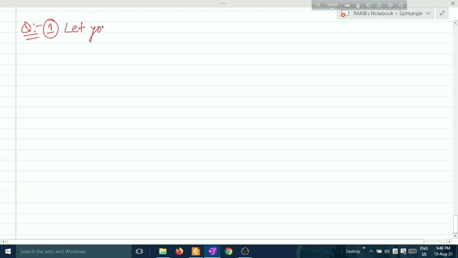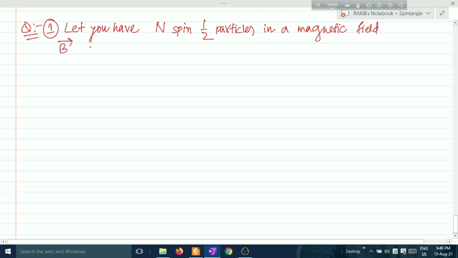Let you have n spin half particles in a magnetic field B pointing along Z direction.